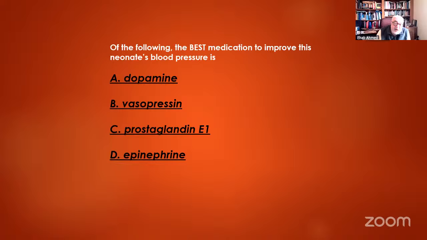Relieve right ventricular pressure. How? Relax pulmonary vascular resistance. Okay. And then some people started to choose D, epinephrine.